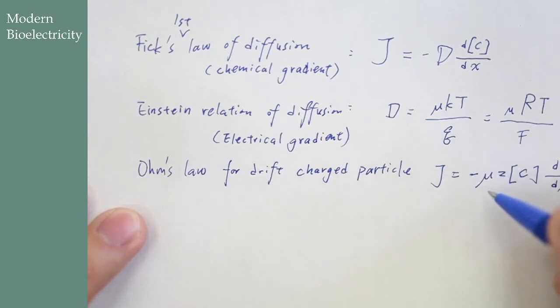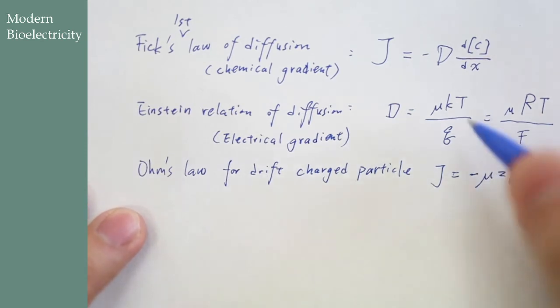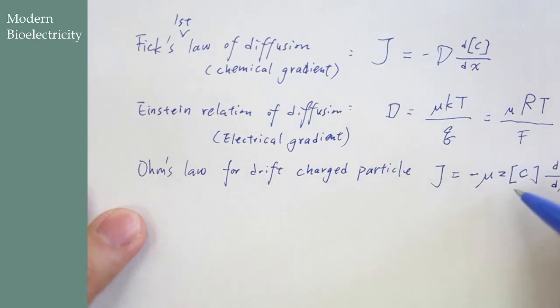The mu is the mobility, same as here, and z is the valence of this particle.